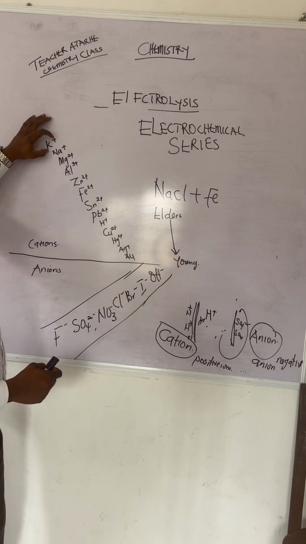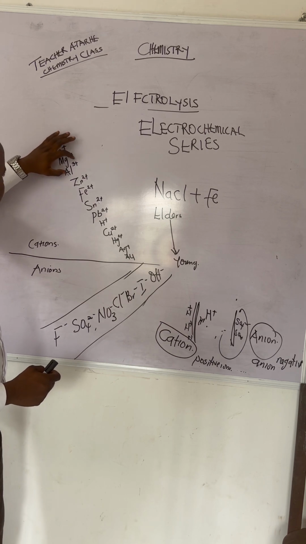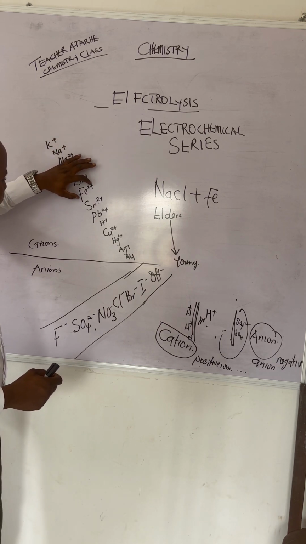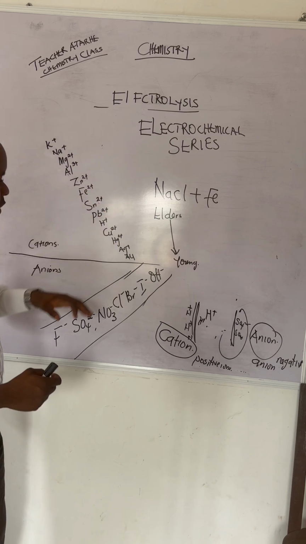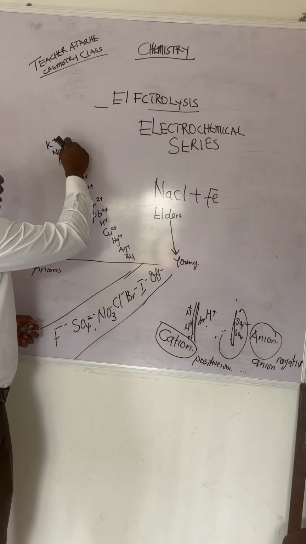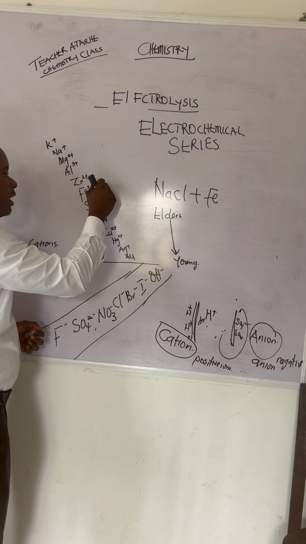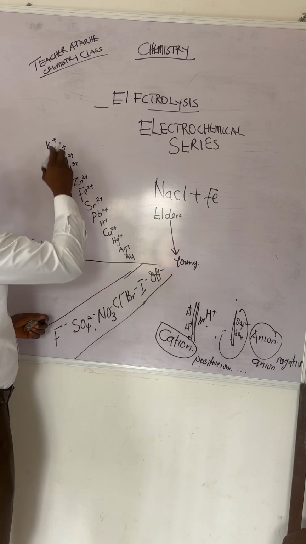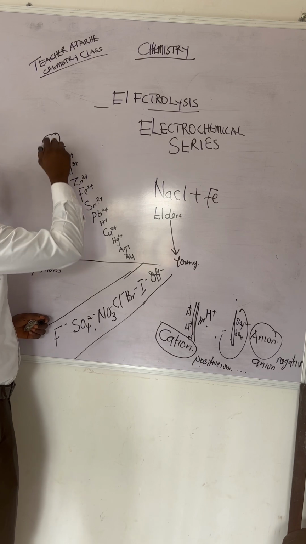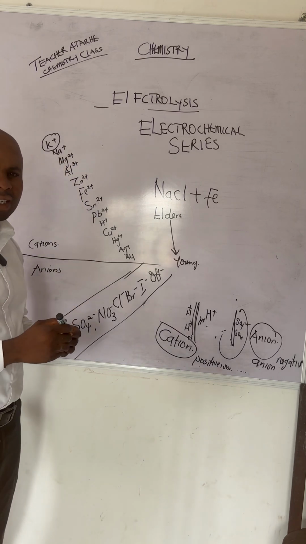We have potassium, sodium, magnesium, aluminum, zinc, iron, tin, lead, and so on. As you come down this table, their reactivity is reducing. The highest one is potassium, which is very reactive.